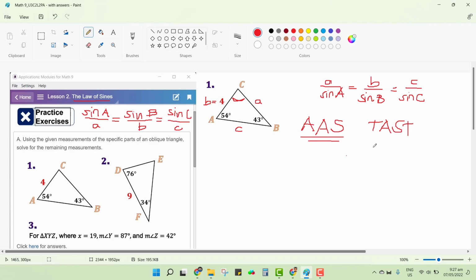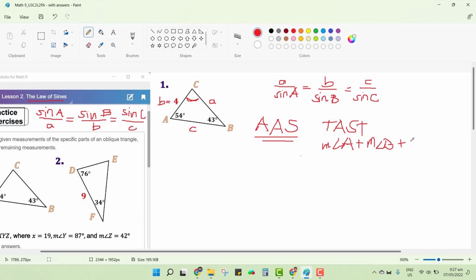That would mean if we are going to add the measurement of angle A plus the measurement of angle B plus the measurement of angle C, it must be equal to 180 degrees. This is convenient to solve, I mean the measurement of angle C, because we are already given the measurements of angle A and angle B. So you're just going to substitute it.